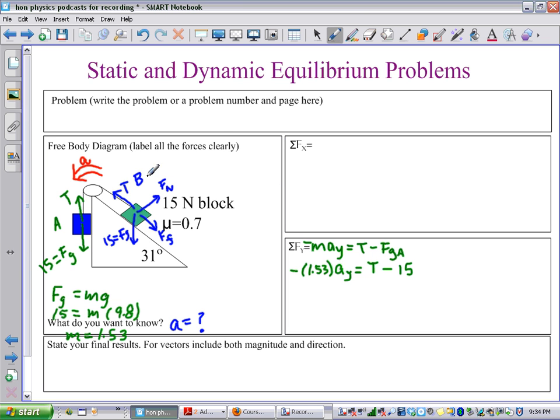Let's go to our other block now, and since most of the action is happening in the x direction, let's start with our x equation. You'll see that we end up needing to do both, but we'll start there first. In this case, the block is speeding up to the left, which is the negative direction. So our acceleration will be negative.